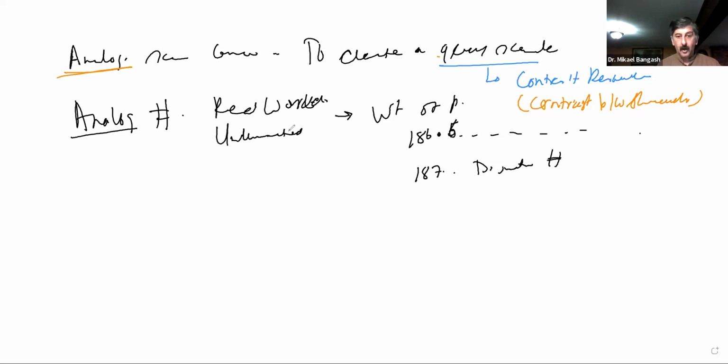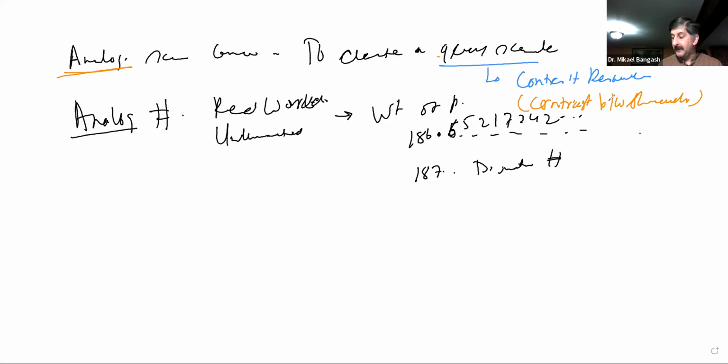But in an analog we go and say 186.6521734 and so on and so on. So going into unlimited decimal numbers, if you want to put it that way.